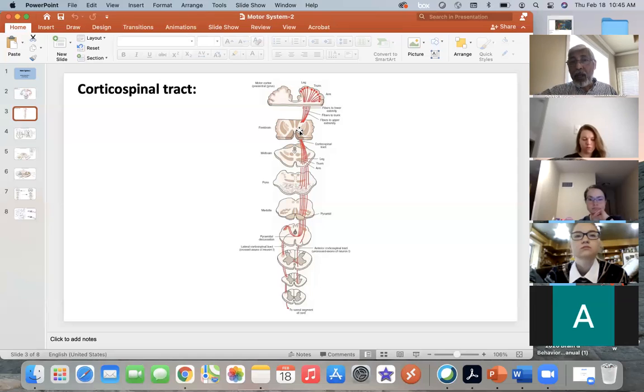Okay. Now one thing I want you to see here is that even though the fibers are widespread here, as they travel through the internal capsule, they are bundled up in a small area, right? So why is it important for us to appreciate this? Because if you have a stroke involving this particular area of the brain, only these fibers will be affected, right?